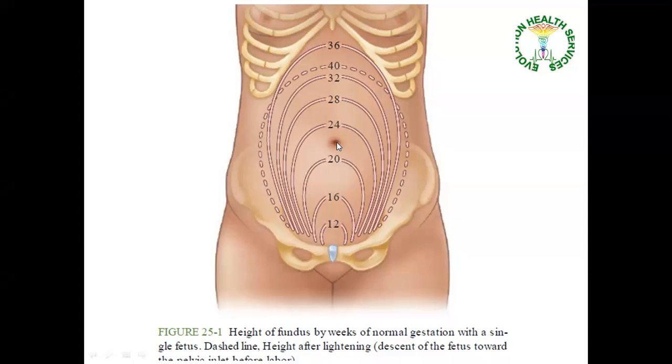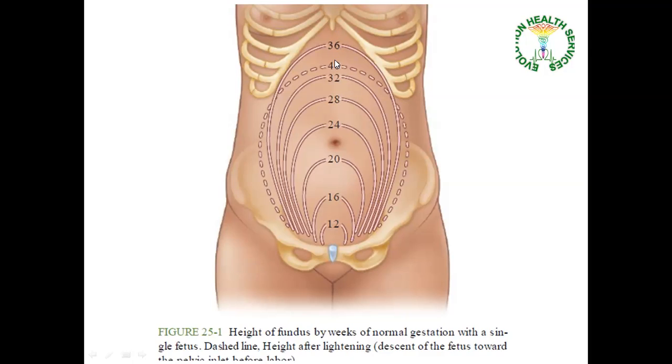And during 32 weeks, it is in between the umbilicus and xiphoid process, right? In between the xiphoid process and umbilicus. At 36 weeks, the height of the fundus just touches the xiphoid process.